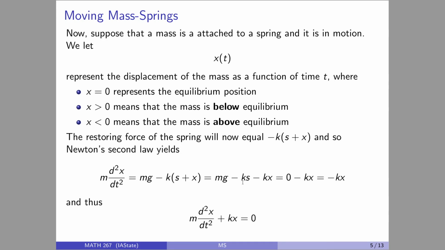Note, mg minus ks, a feature present in any mass spring system. We know something about that. We know that that has to equal 0, and so the movement of a mass spring system is this beautiful second order, constant coefficient, linear, homogeneous differential equation. And hey, we know how to solve those.